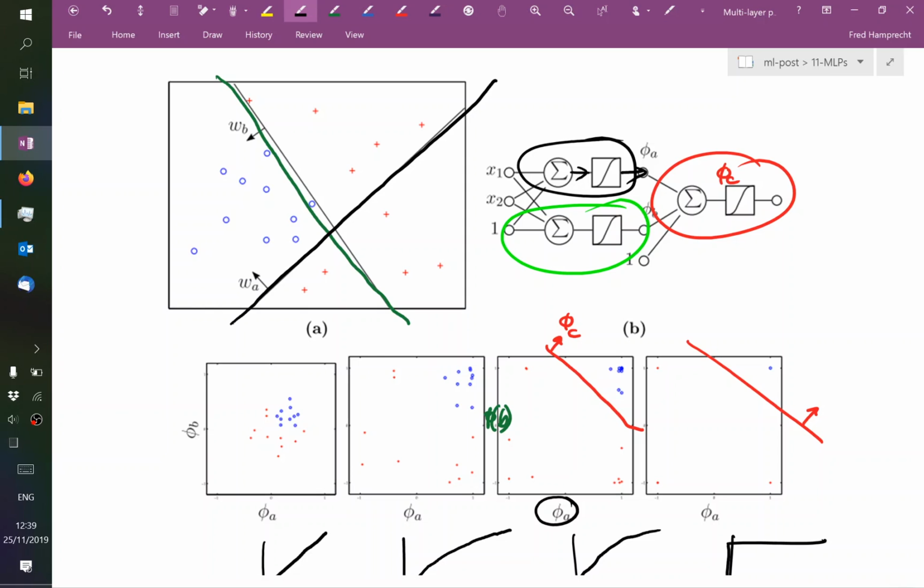So because phi A is an affine combination of my original features and phi B is an affine combination of my original features, this entire training set here is just a somehow stretched, possibly flipped version of my original data. And if we really look closely, I think we would be able to figure out.